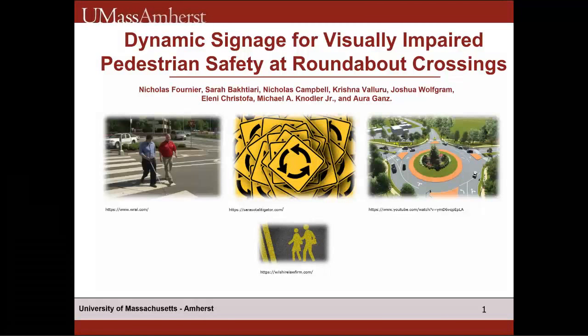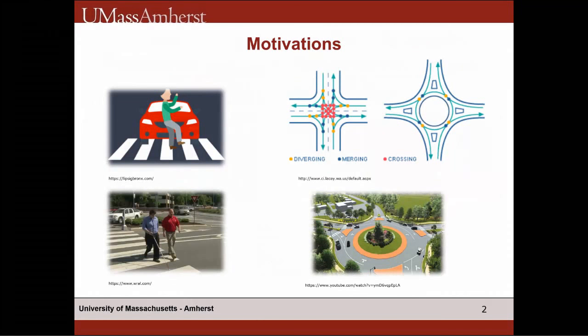I'm Sara, and I'm very pleased to present this project that my lab mates and I were working on. The project is about dynamic signage for visually impaired pedestrian safety at roundabout crossings. As we know, pedestrians are some of the most vulnerable road users, especially at intersections and roundabouts.